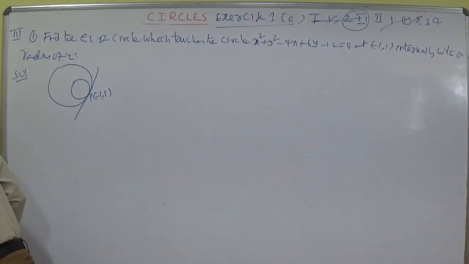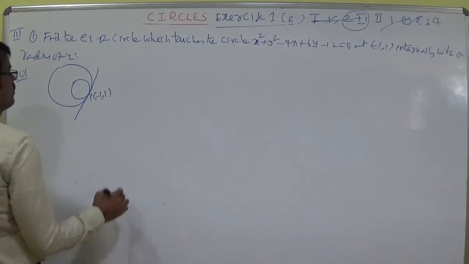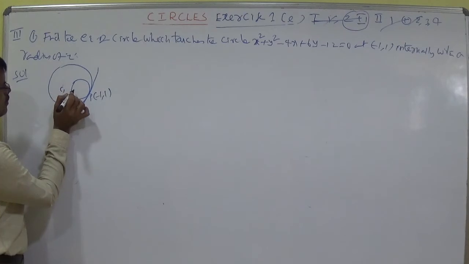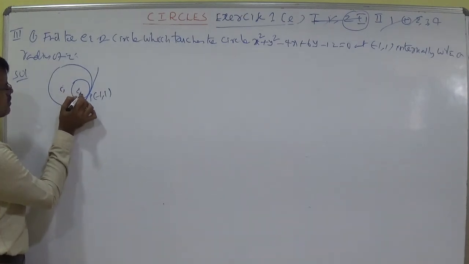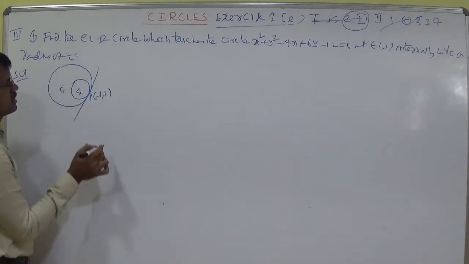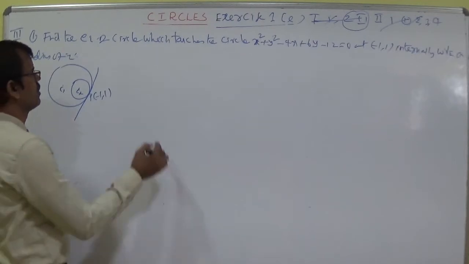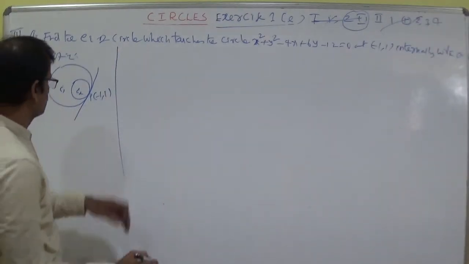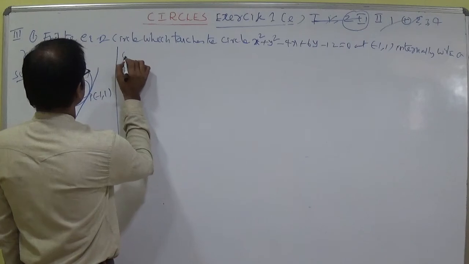Minus 1 comma 1. x square plus y square minus 4x plus 6y minus 12 equal to 0. This is C1, and this is C2. The condition is C1C2 is equal to modulus of R1 minus R2. Here there is no midpoint concept.